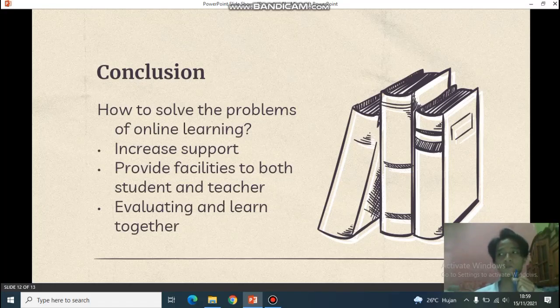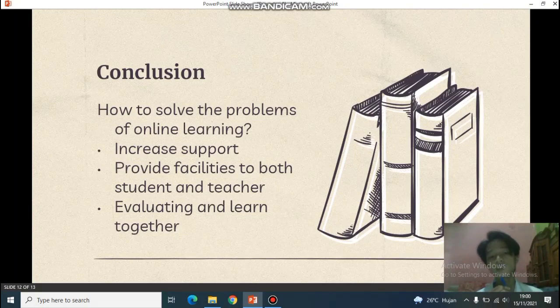Maybe in 10 years ahead, or 20 years ahead, or maybe when Indonesia has reached its golden age, in 2045. What kind of leaders will we have if nowadays they can't access a good education? And in order to access a good education, the support and the facilities are necessary for both student and teacher.